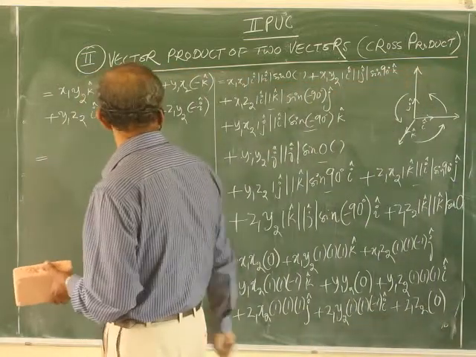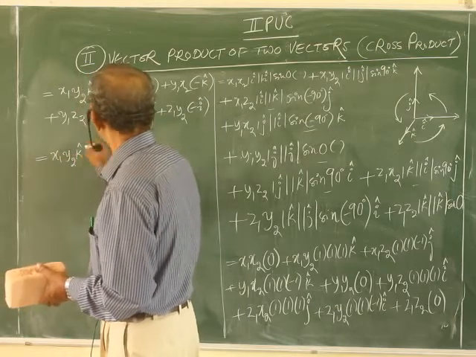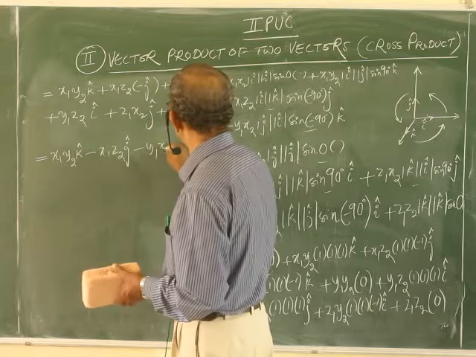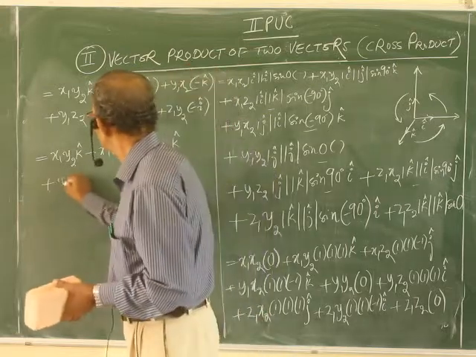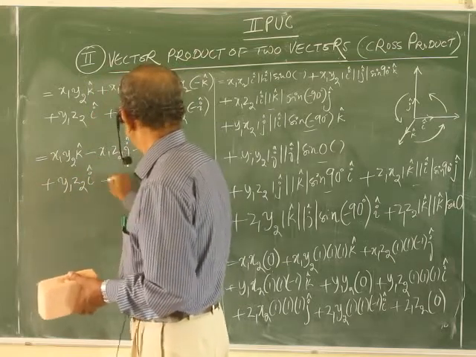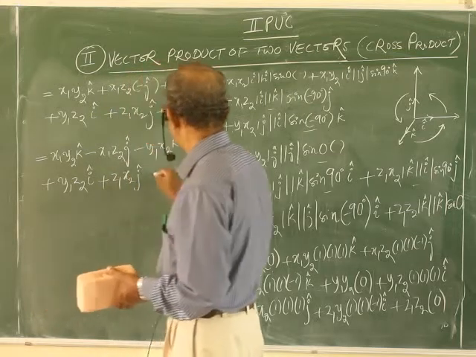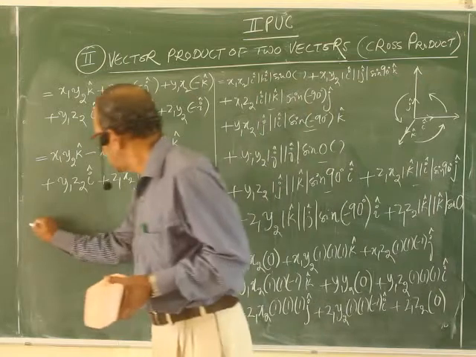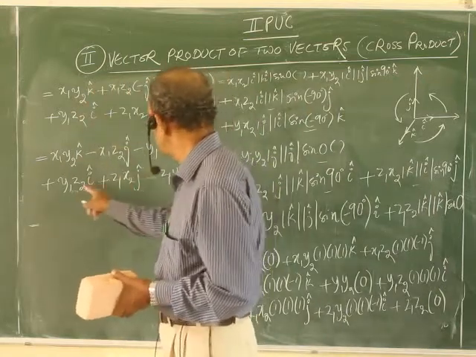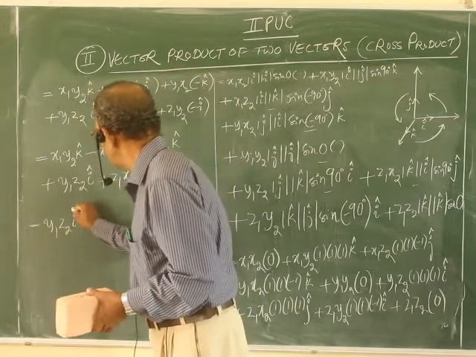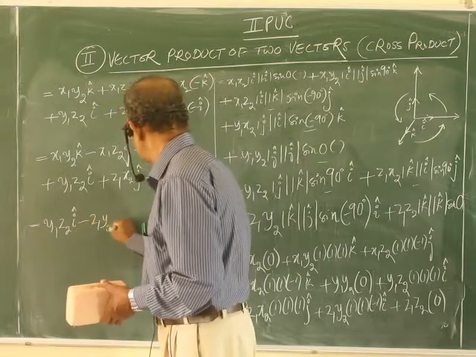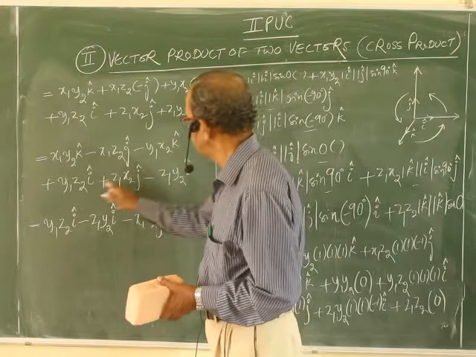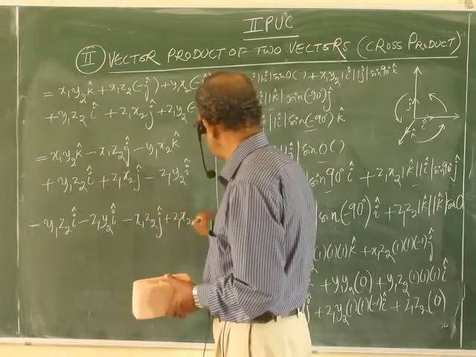Again let me continue. Equal to x1 y2 k minus x1 z2 j minus y1 x2 k plus y1 z2 I plus z1 x2 j minus z1 y2 I. Let me write the I terms together: y1 z2 I, along with that minus z1 y2 I. Next the j terms: x1 z2 j, one more here, plus z1 x2 j.